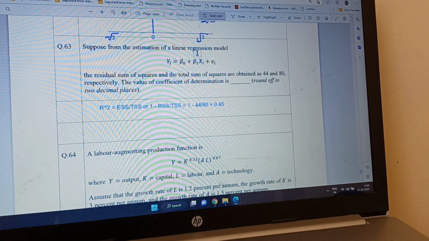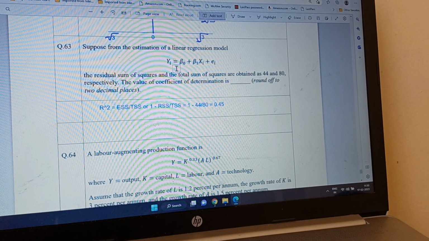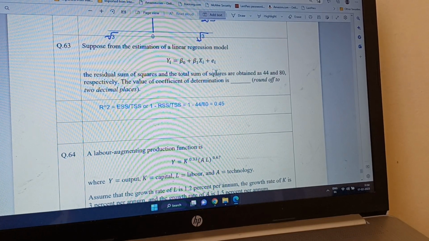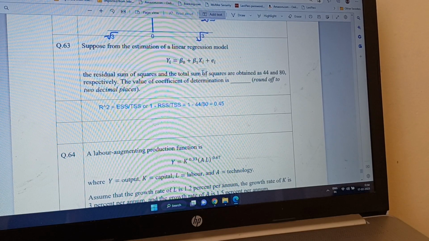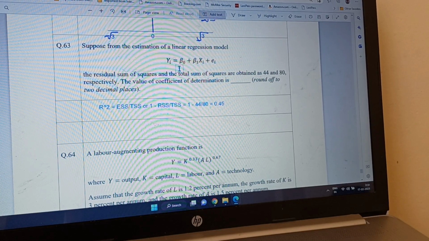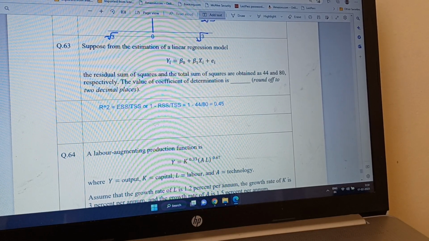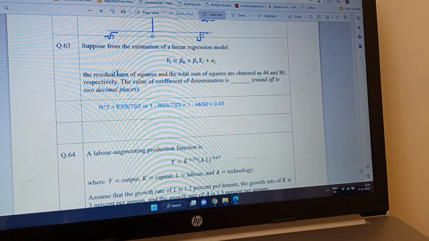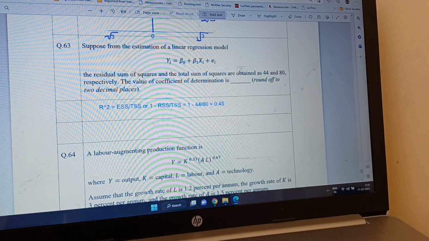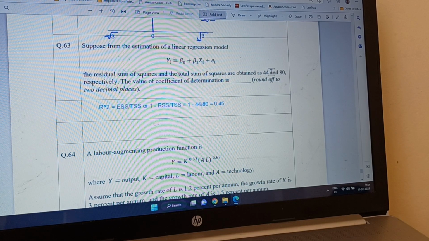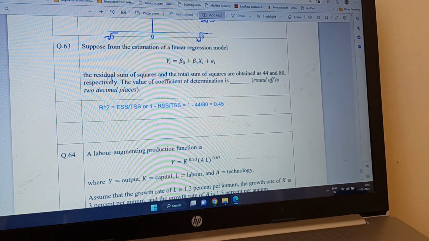Suppose from the equation of the linear regression model y_i is equal to beta 0 plus beta 1 x_i plus e_i, only one independent variable x_i, the residual sum of squares (RSS) and the total sum of squares (TSS) are obtained as 40 and 80 respectively.